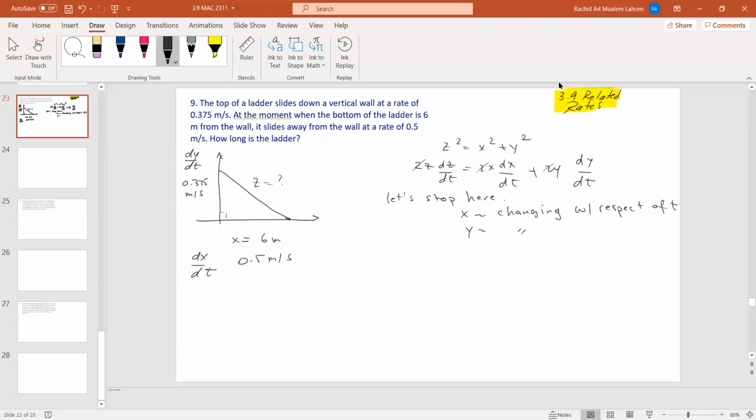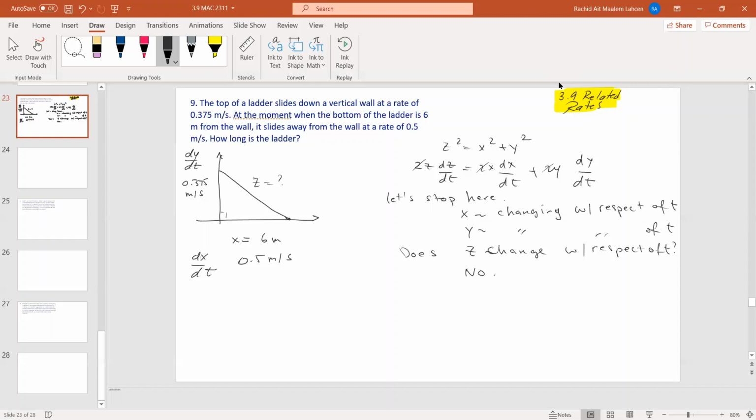The y is changing as well with respect to t. Now the question, does z change with respect to t? No. The answer is no. The length of this ladder is the same thing. It does not change. It's a fixed thing.